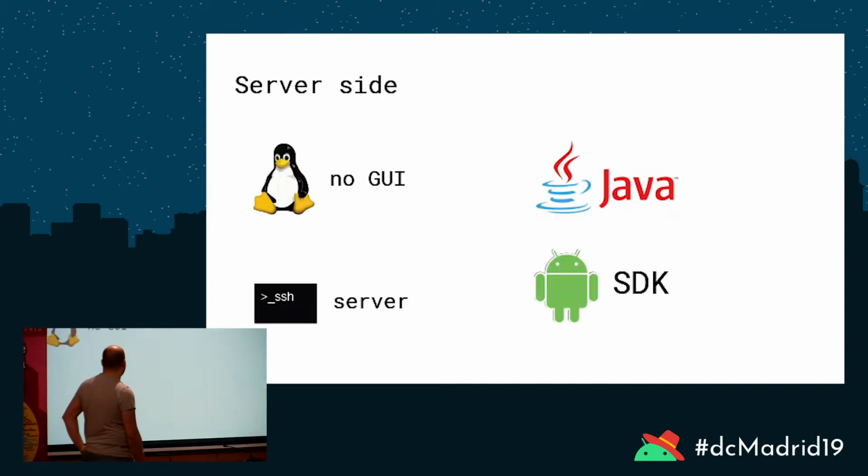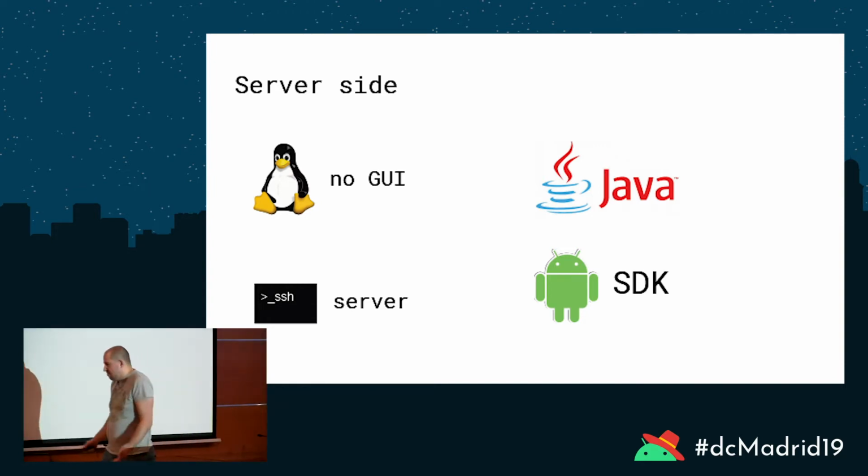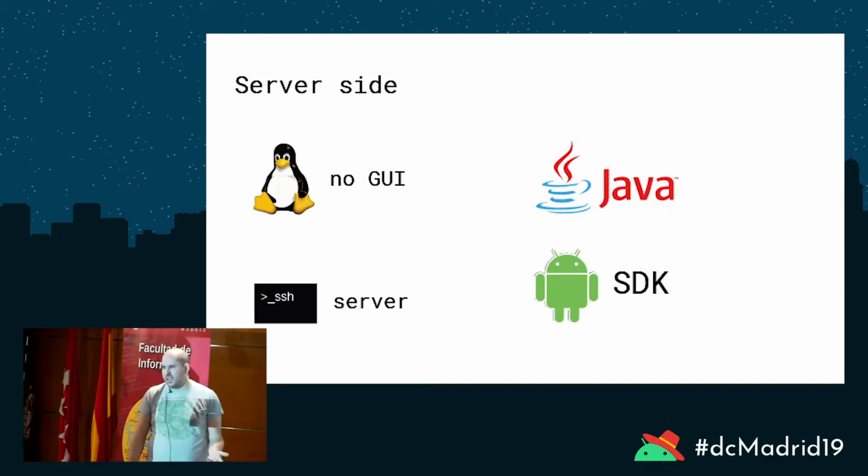So you need a remote machine, right? With Linux. I recommend no graphical user interface, just not to waste computer cycles on things that you don't need, like having a desktop or a graphical server in your server. You need an SSH server. I guess everyone knows what SSH is.